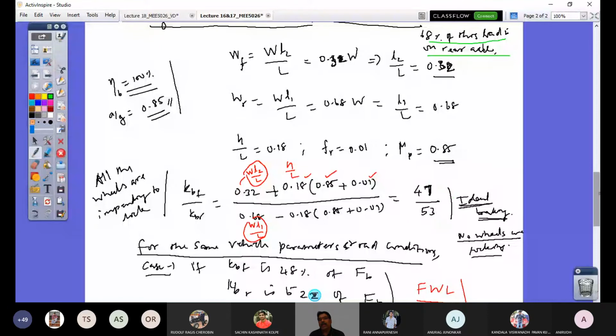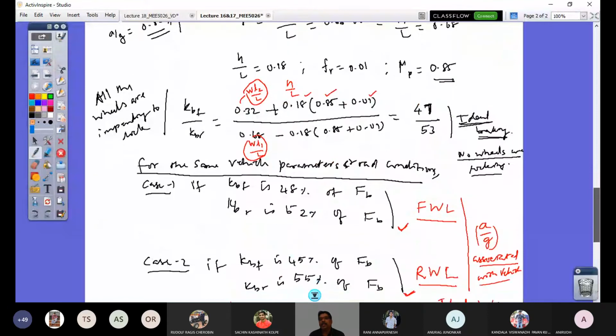So how do you say that it's an ideal braking condition? The vehicle level deceleration achieved due to front wheel impending to lock or rear wheel impending to lock alone should be the same. A by G here is the associated vehicle deceleration due to the expected wheel lock.